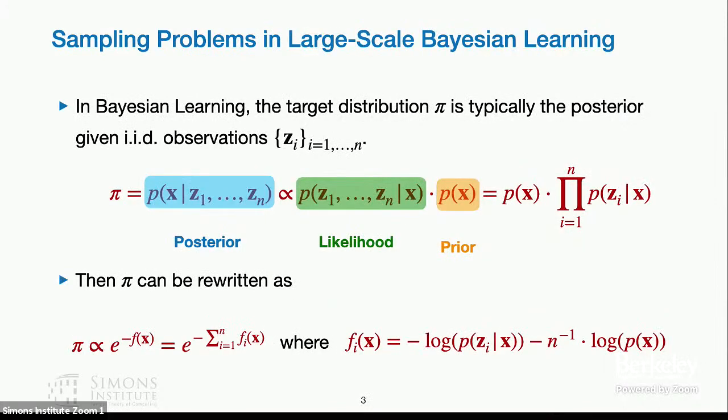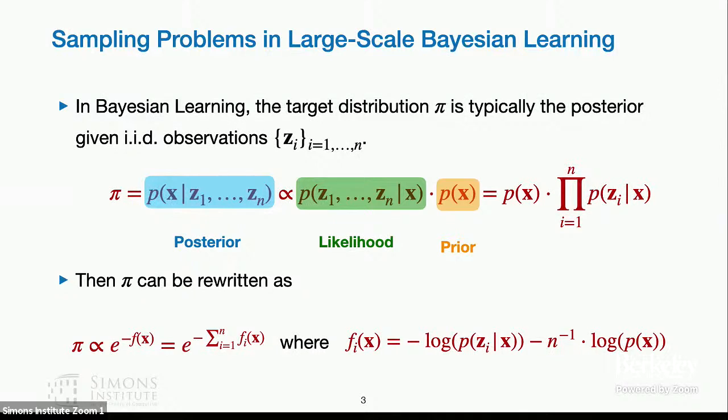One of the applications of sampling from log-concave distribution is in large-scale Bayesian learning. Suppose we have a set of data or observations z_i, i from 1 to n, drawn from some underlying data distribution, and we want to do Bayesian inference to sample from the posterior, which is proportional to the product of the likelihood function defined on the data set and the prior distribution p of x.